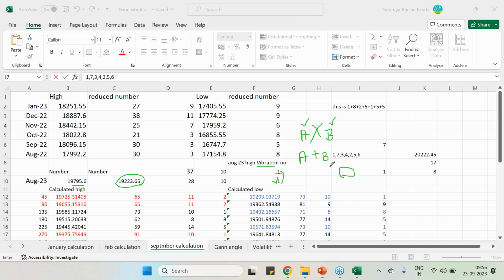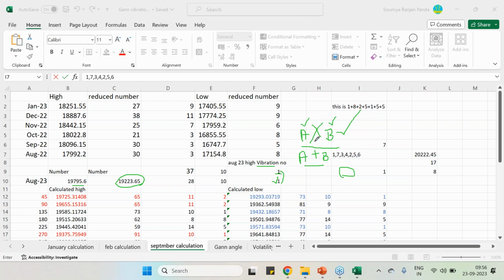So one set comes from the multiplication process and one set from the addition process. There is no subtraction allowed, no division allowed. However, the vibration number which comes from the multiplication process is more valid.